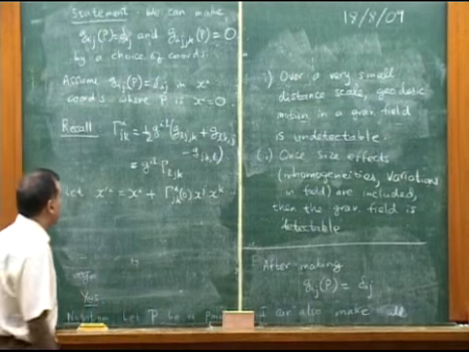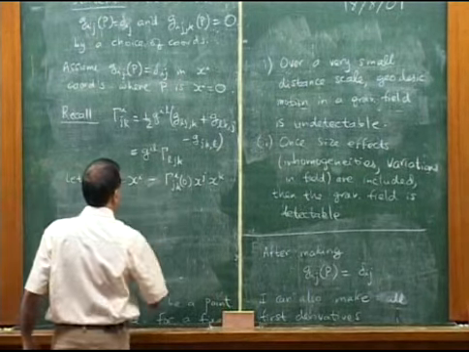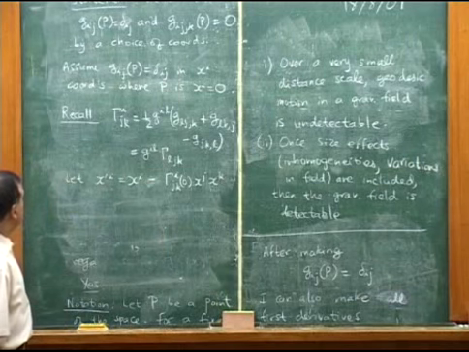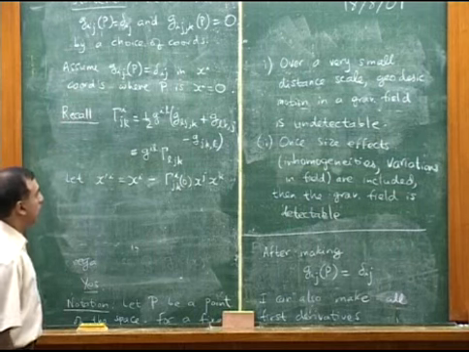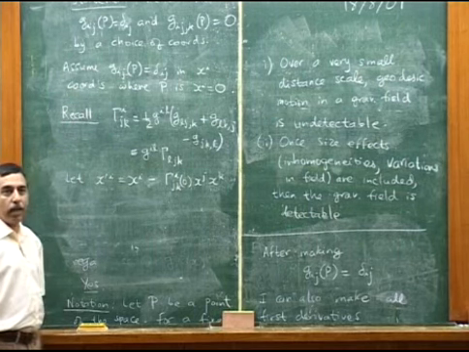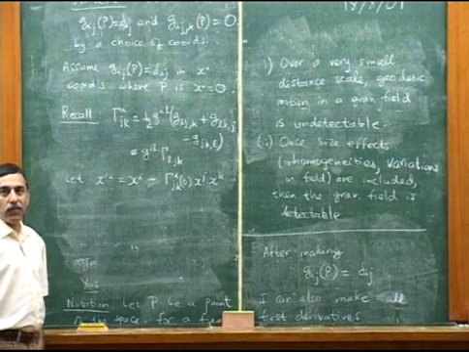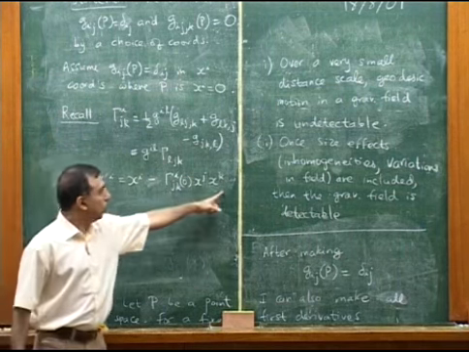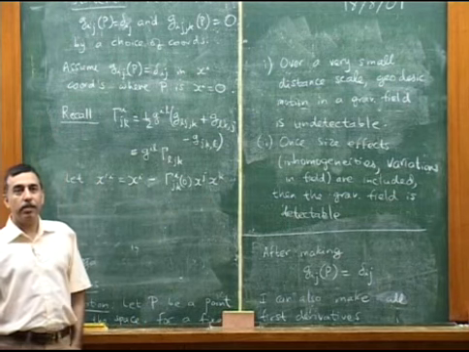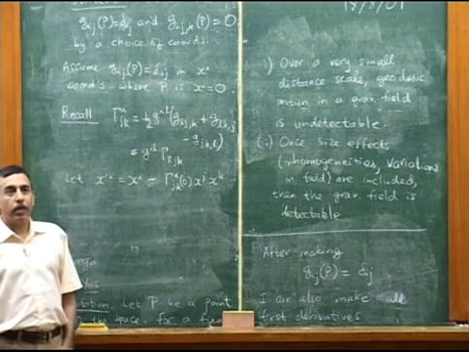Okay, so I make this coordinate transformation, excuse me, with the minus sign. Now the first thing to check is that this preserves the condition Gij equals delta Ij at 0, does it? Can you see by inspection that after I make this coordinate transformation, Gij is still delta Ij at the point 0?